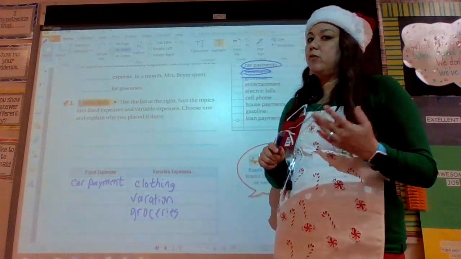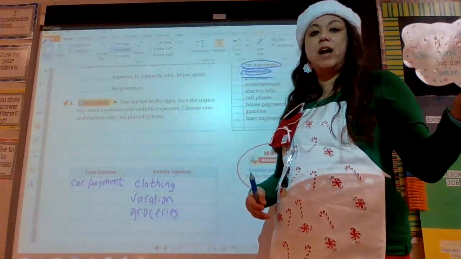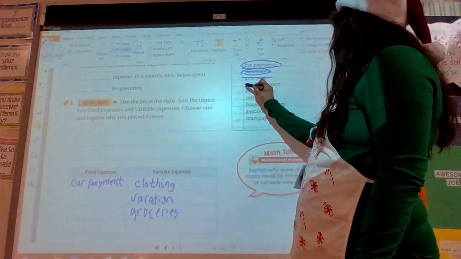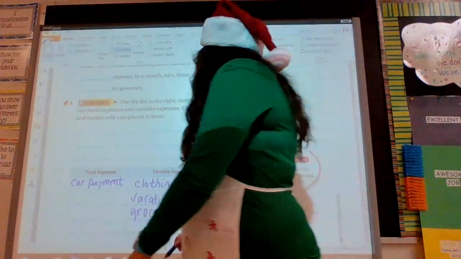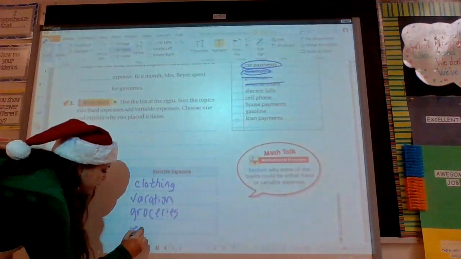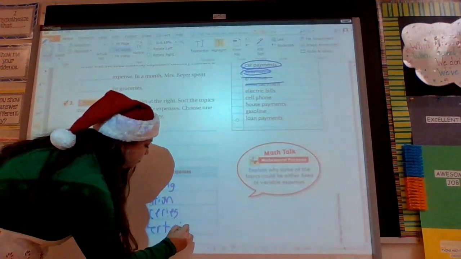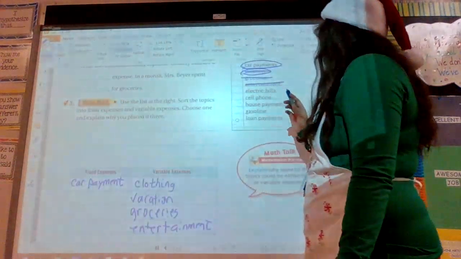Does it cost the same to rent a movie, maybe go to Redbox and rent a movie, as it does to go out to a movie? Hopefully you notice that the price changes. So entertainment is a variable expense. Let me write that down here. Okay.